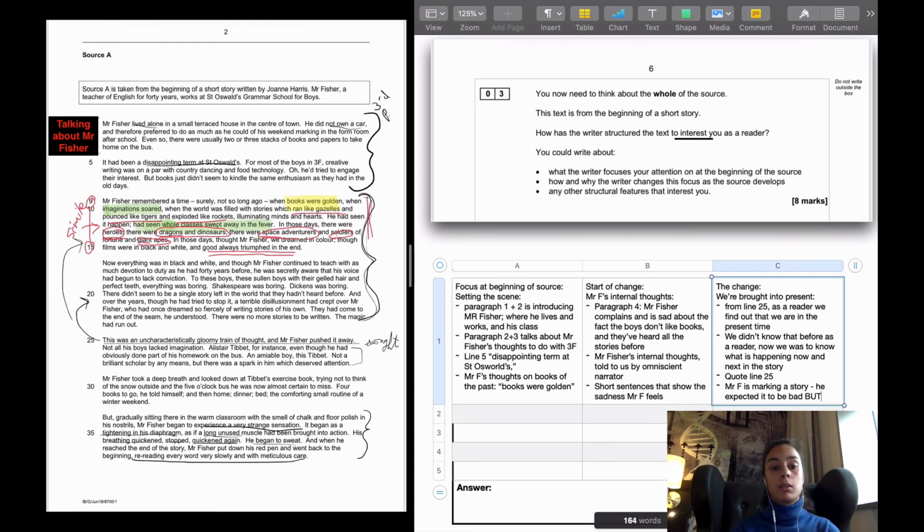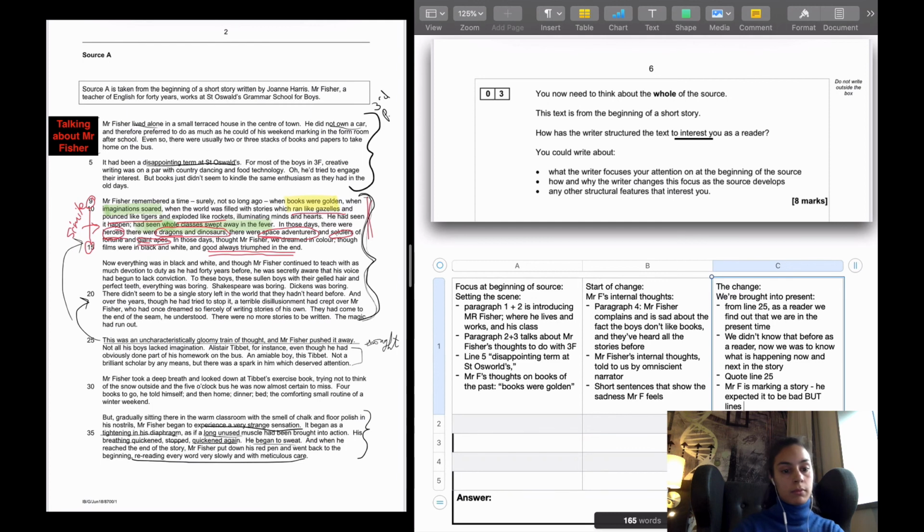But we are finding out from line 34 over here that he's having a strange experience. His breath, he's starting to get excited. Line 34 to, let's see how many lines that has.